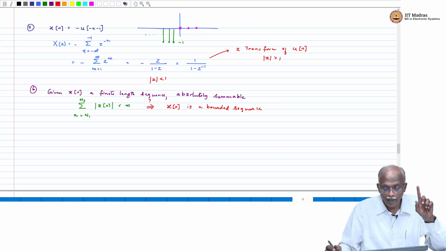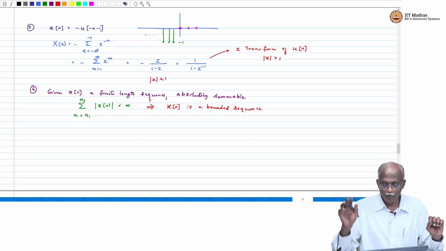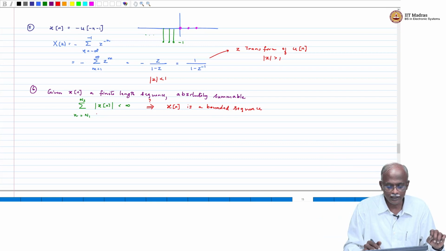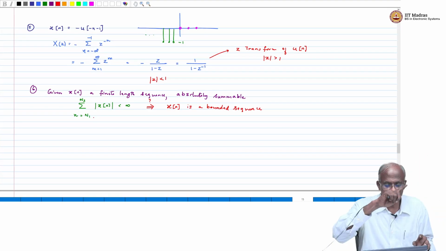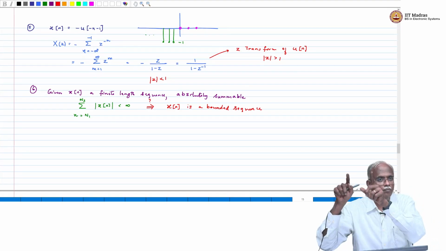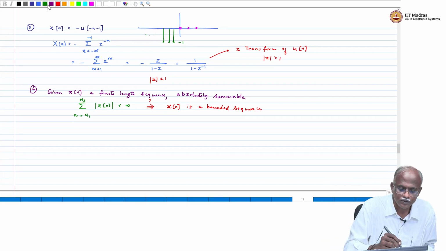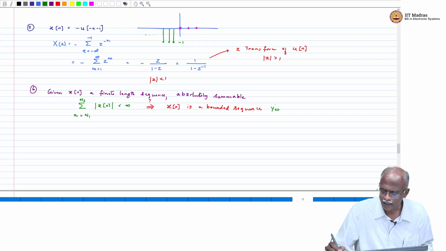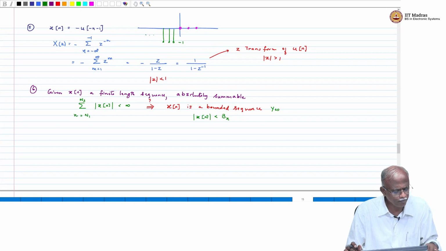Now, unless a sequence is bounded, it cannot be absolutely summable. Supposing one of the values went to infinity, then the sequence, when you do the absolute summability test, that will also go to infinity. So if somebody says that a sequence is absolutely summable, that implies that every sample that you have added has to be bounded. So the answer to this is yes, it has to be bounded. So modulus of x of n must be less than some finite upper limit. We call that B of x.